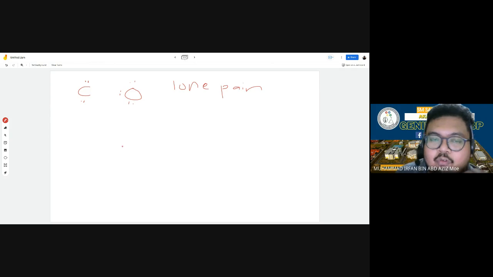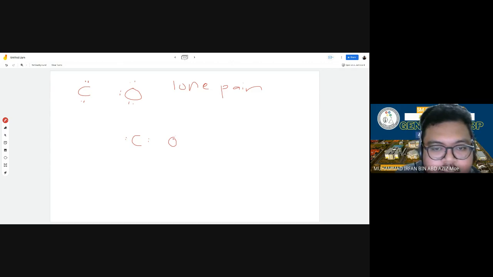Macam tu. So for CO, it is a triple bond. Okay, tak nak lukis triple bond dulu. Triple bond is 3 lah, 6.